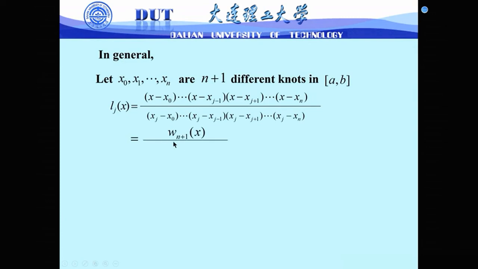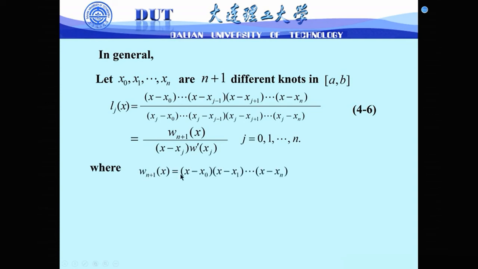Here I show you another form. Of course, this is an additional result. If we denote W(n+1)(x) by (x minus x0) multiplied by (x minus x1) through to (x minus xn), we have n plus 1 factors, so the degree of the polynomial is n plus 1. Now, without x minus xj in the numerator, that means we divide by x minus xj.